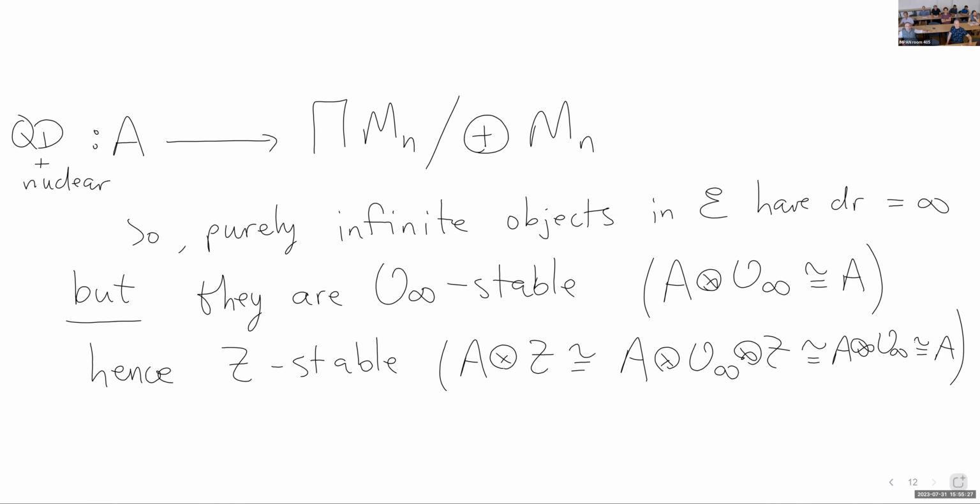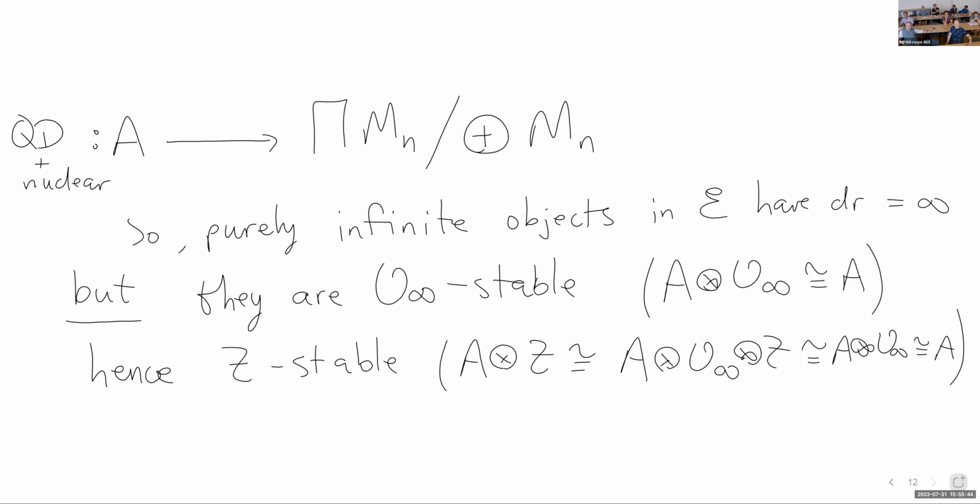So the Elliott invariant cannot distinguish between A and A tensor Z in the finite case, or A and A tensor O-infinity in the infinite case. So these are necessary conditions for algebras to be classifiable.